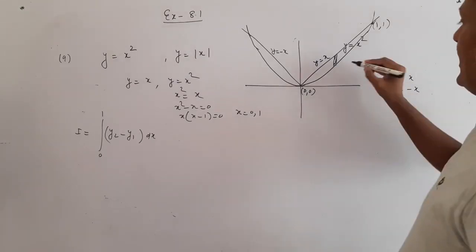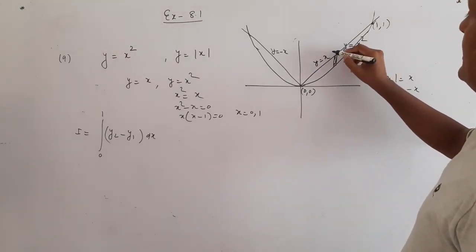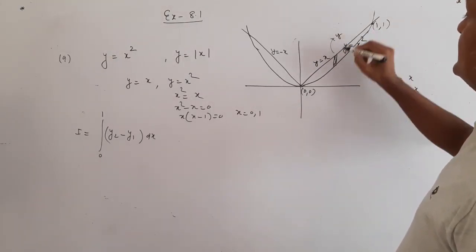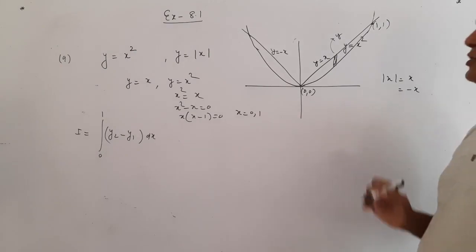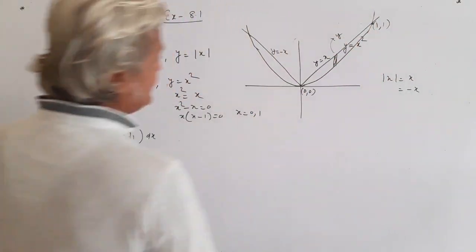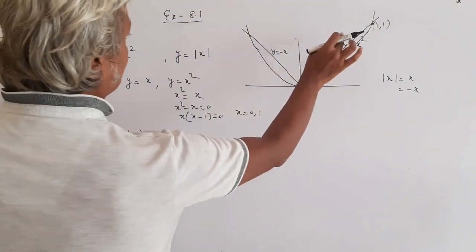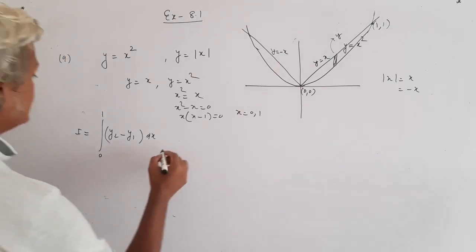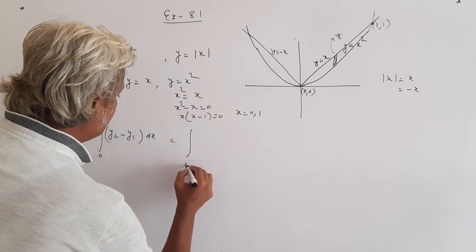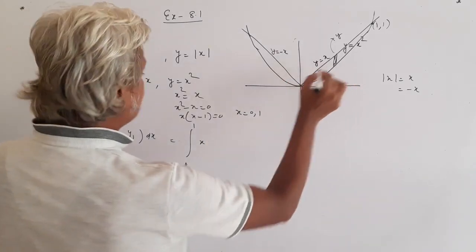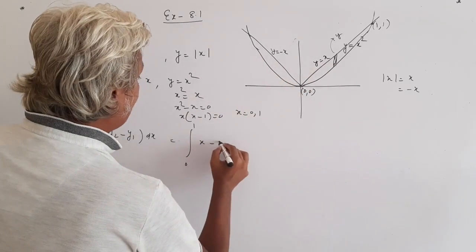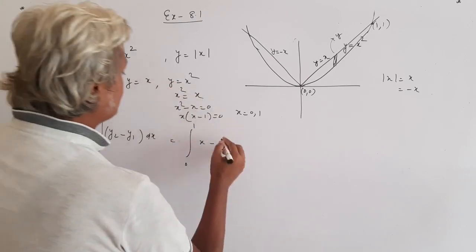So y2 is the upper end of the strip, and y1 is where the lower end of the strip lies. It means y2 is the part of the graph of the modulus function. So this becomes integral from 0 to 1 of (x minus x square) dx, where y1 is x square.